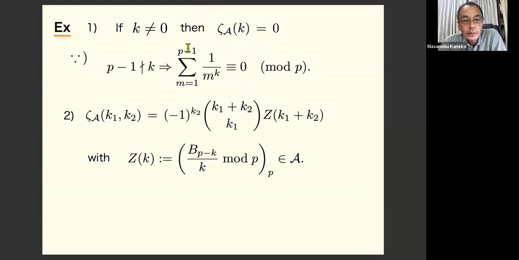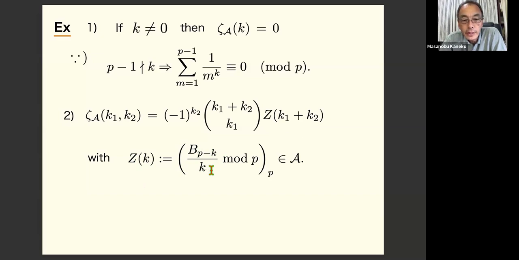And the next one, the depth 2 case, is non-trivial, and the result is this binomial sign times the capital Z of k_1 plus k_2, where Z of k is represented by this Bernoulli number at p minus k.